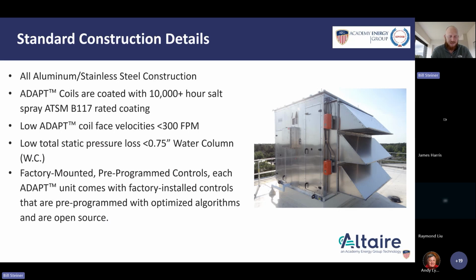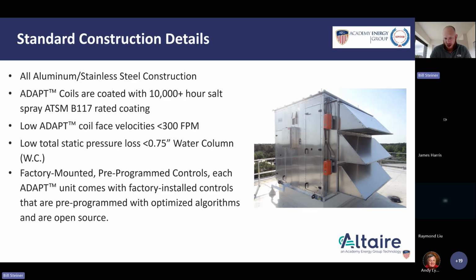So, fun little fact. Additionally, when we do our adapt coils, because we are putting them into the nasty moisture-laden air in coastal applications, which is also salt moisture-laden air, we're going to put on a coating that has a 10,000 hour salt spray rating. Again, that comes standard. We want this thing to last 40 years without needing to be replaced.